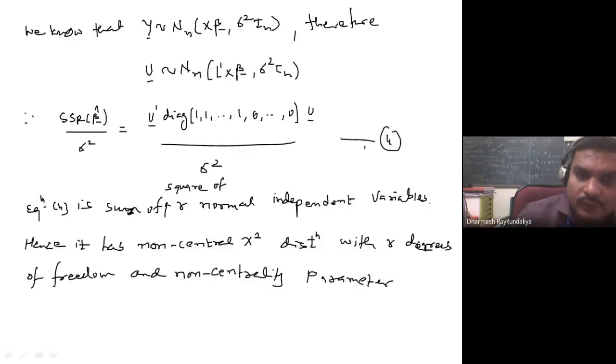Delta square is equal to the expectation of this quadratic form. So what is the expectation of SSR beta cap upon sigma square?